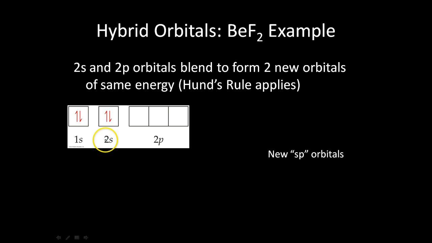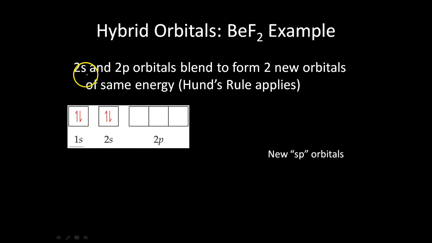And in fact, it can put the 2s orbital with two of the 2p orbitals, or the 2s orbital with all three of the 2p orbitals.